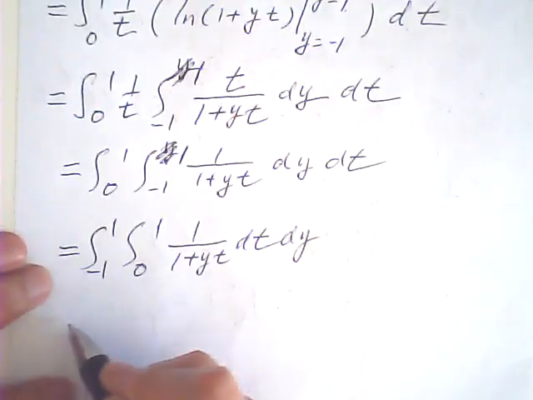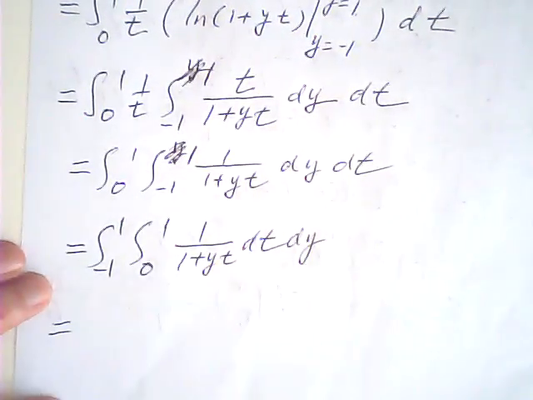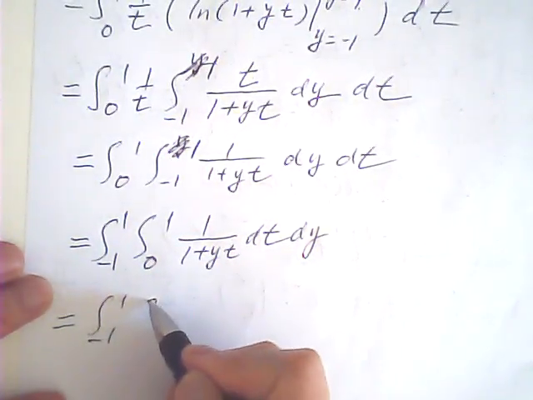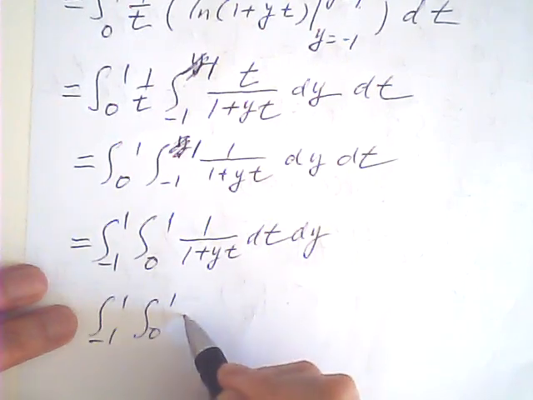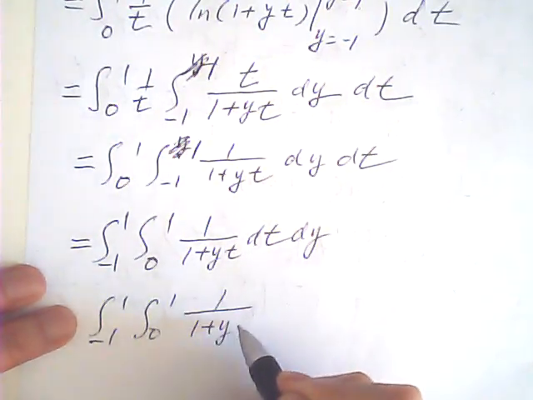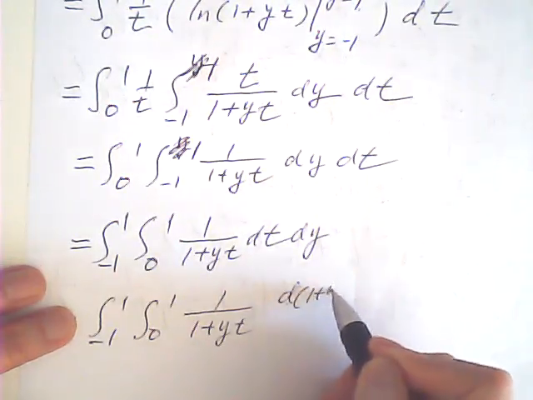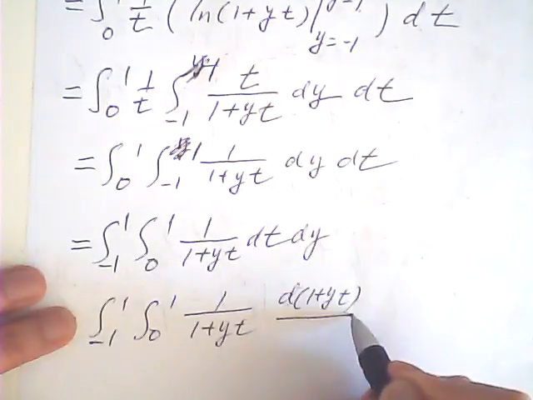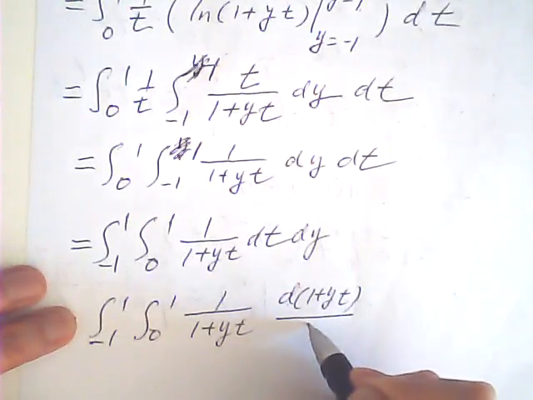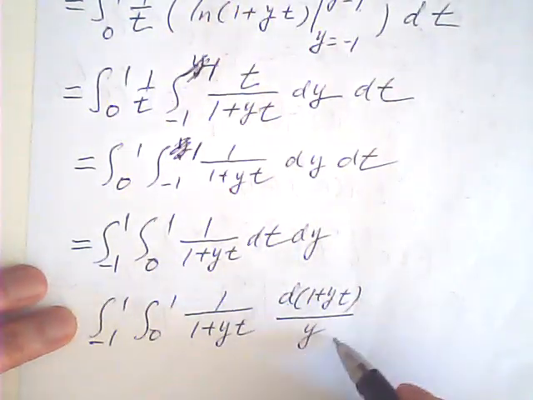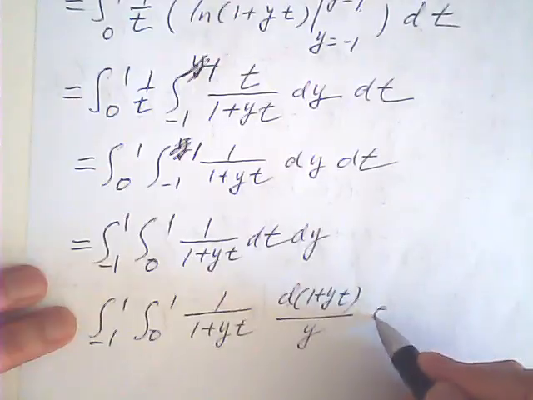Well, then this one is not difficult. This is 1 plus yt and d(1 plus yt), and just simply divided by y. This is dt, then dy.